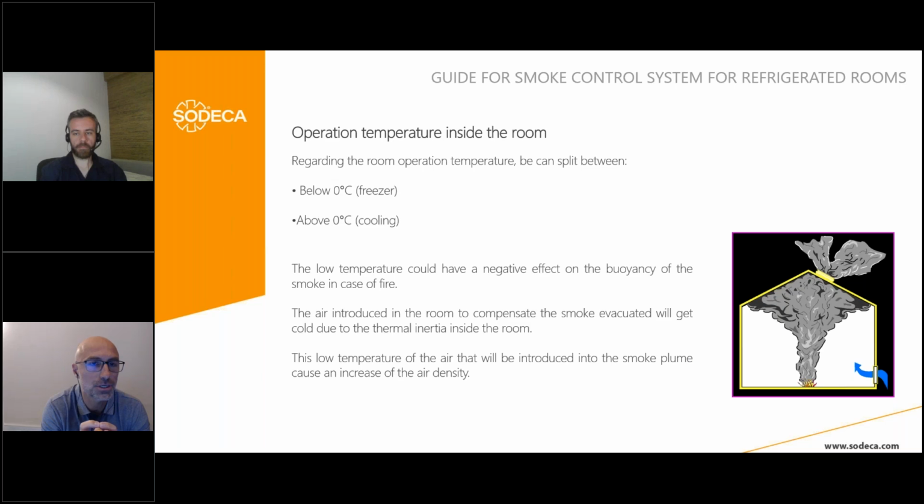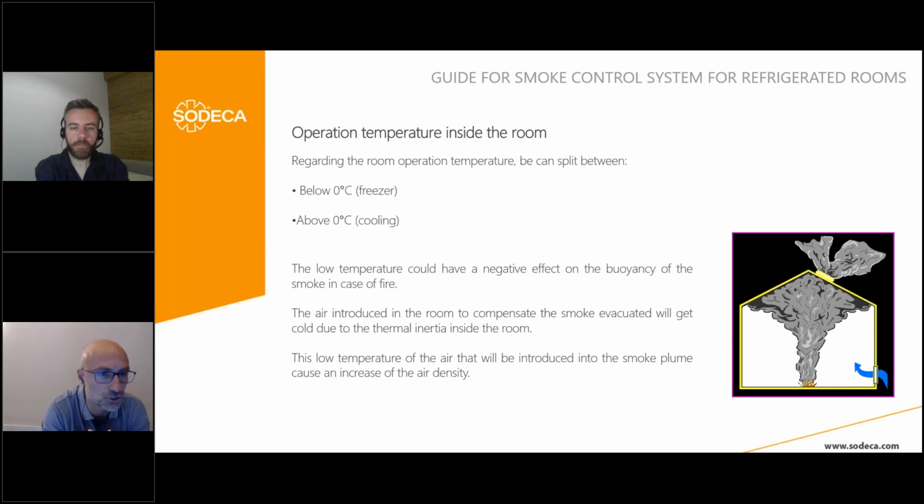Regarding the room operation temperature, we can split it between below zero, freezers, or above zero, just cooling or temperature control cameras. The low temperature could have a negative effect on the buoyancy of the smoke in case of fire, because in this kind of systems, we take advantage of the buoyancy of the smoke, but as the air that is entering the plume is cold air, it gives less temperature to the smoke layer, so this buoyancy can be negatively affected.